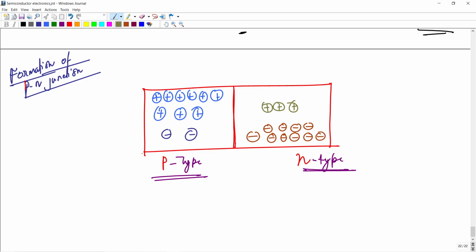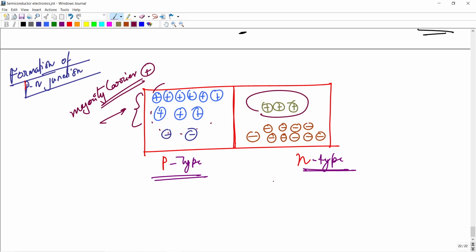Okay, and here if I join these two types of semiconductor, there is a concentration gradient of majority carrier. You see that the majority carrier here is hole, and the hole concentration is more in P type and less in N type. Hole is majority.